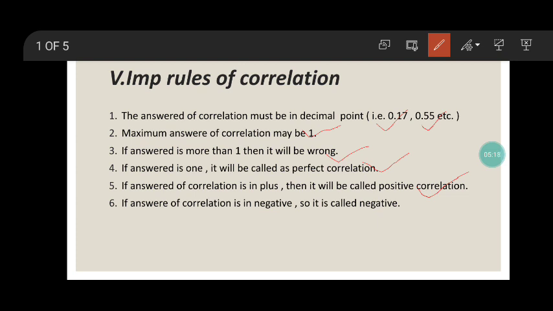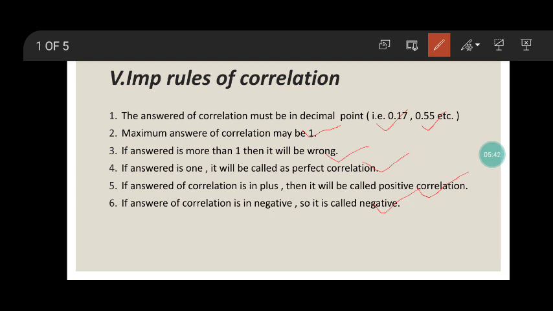Then rule number 6, if the answer of correlation is negative, it's called negative correlation. So if, once you have applied the formula and calculated the coefficient of correlation, you observe that the answer is coming to minus 0.17, minus 0.55.